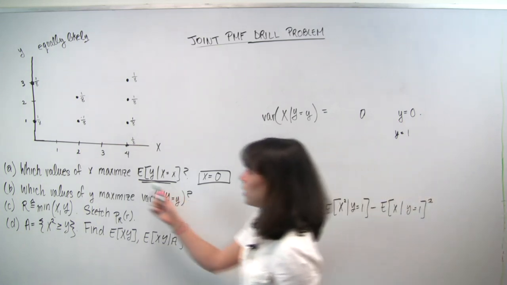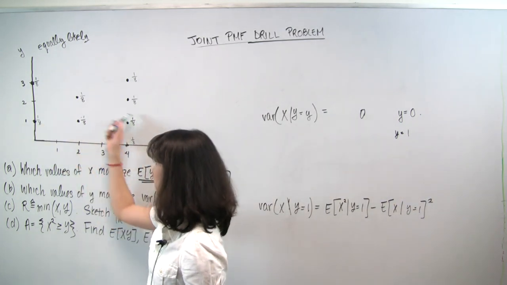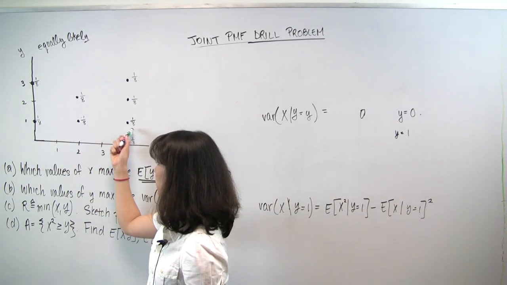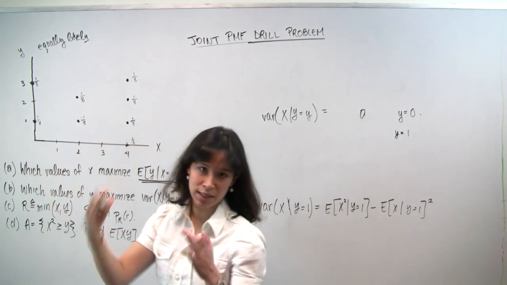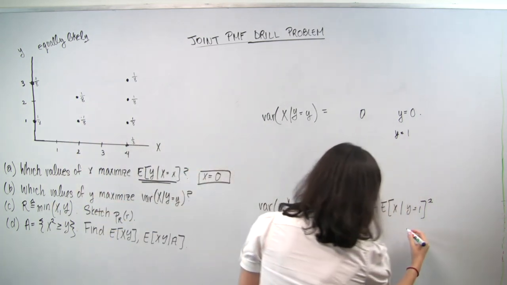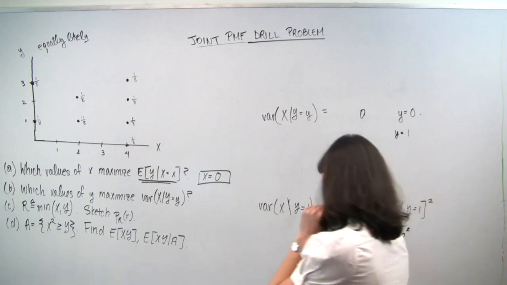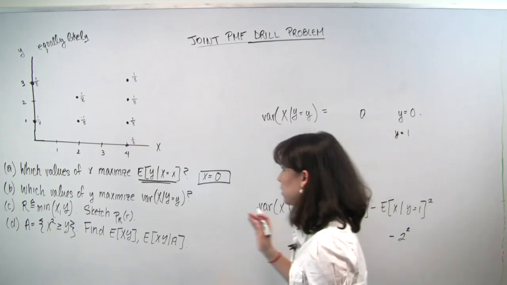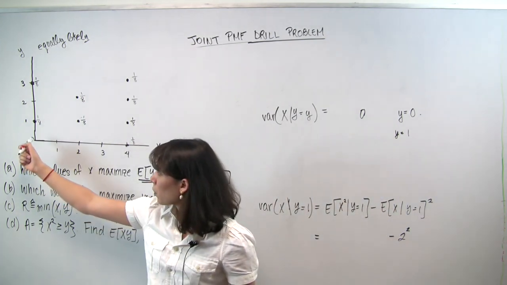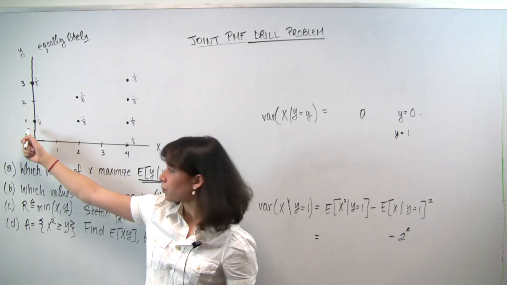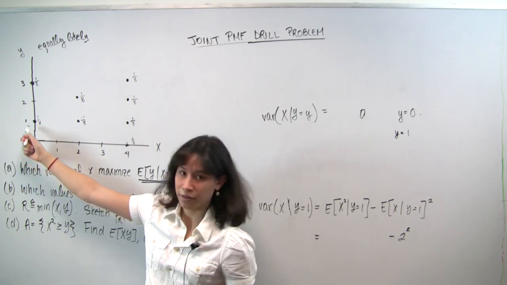So conditioned on y is equal to 1, so we're in this line, the expectation of x is just 2, right? Same center of mass argument. So we have a minus 2 squared over here. Now, x squared is only slightly more difficult. With probability 1/3, x squared will take on a value of 0.